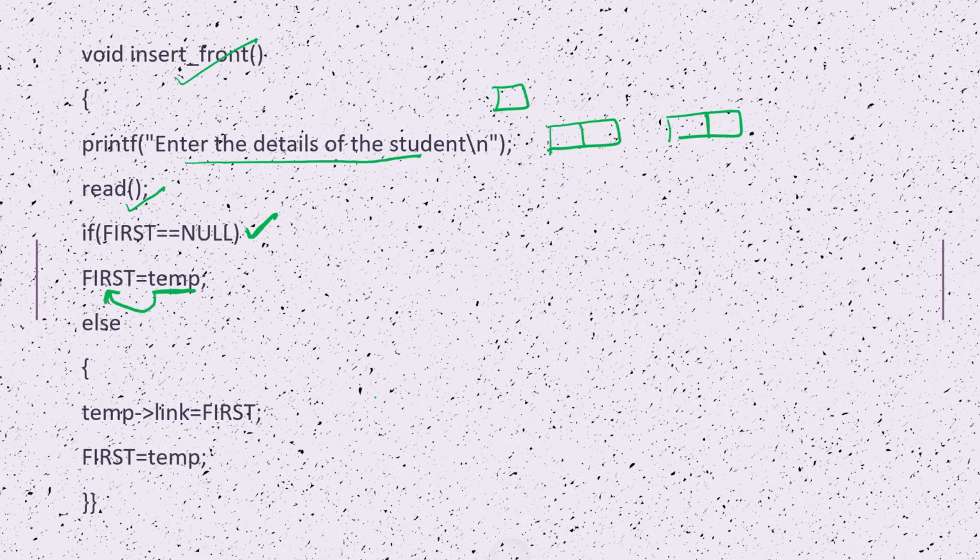Else, some nodes are already present, and this is your first. This will contain the very first node's information and address, and this will be 200, this will be none.